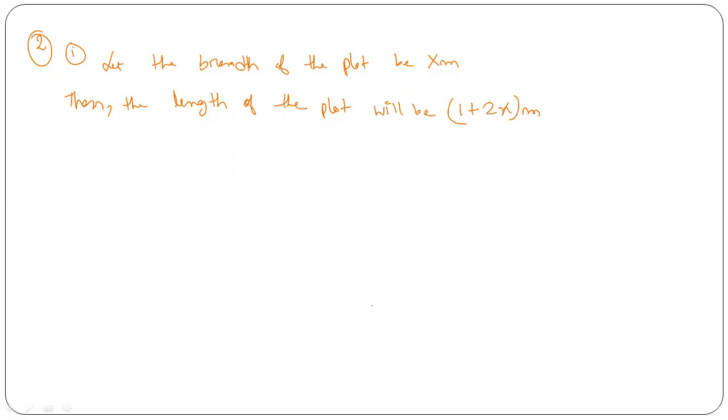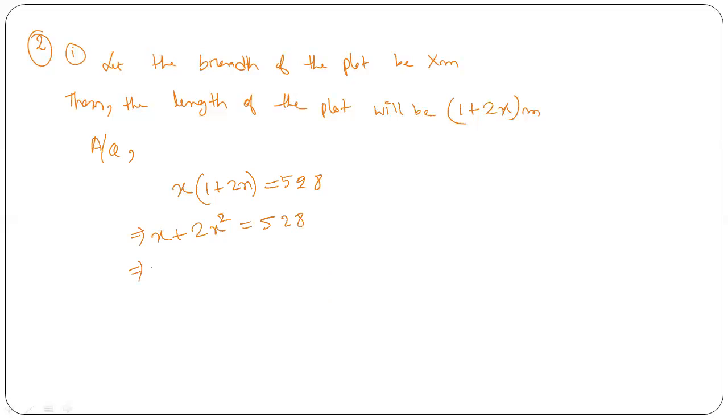Now the area is given as 528 meters square. What is the formula for the area of a rectangle? Length into breadth. So according to the question, x into (1 plus 2x) equals 528. Now expand it: x plus 2x square equals 528.